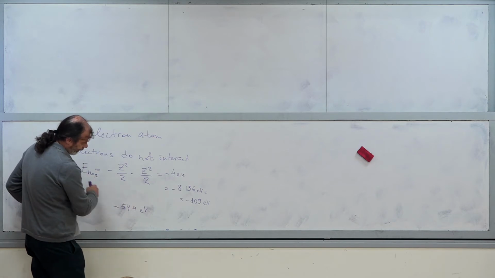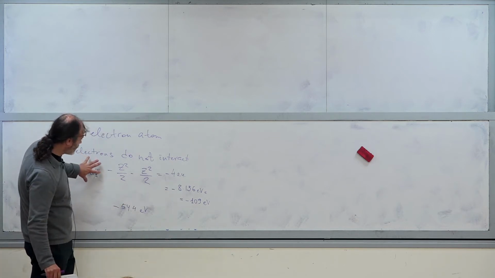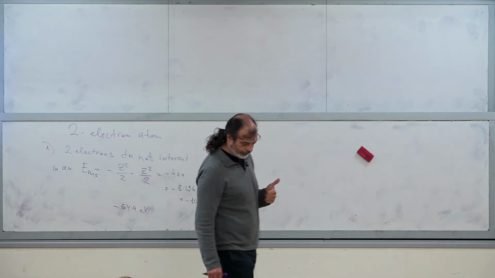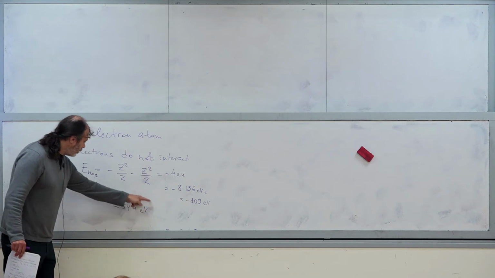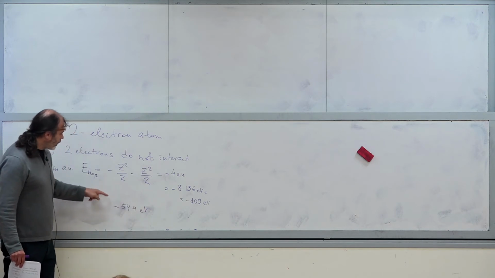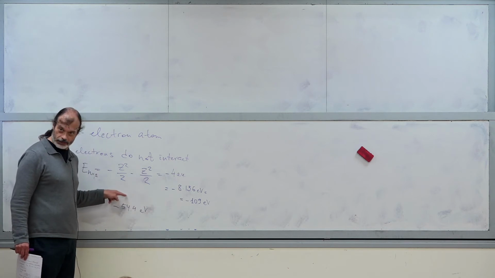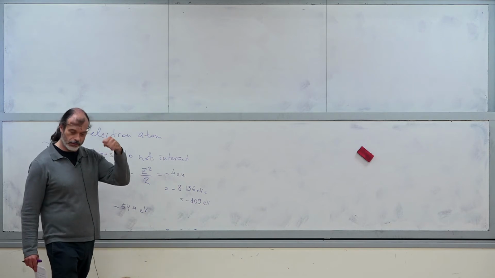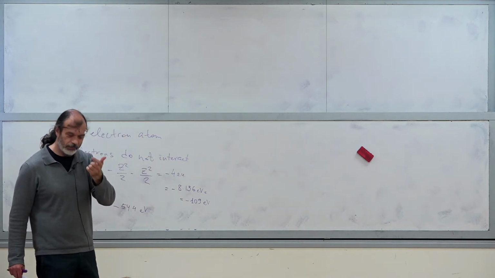So in order to singly ionize, to remove a single electron out of the helium atom, according to this model we have to put in 54.4 electron volts.